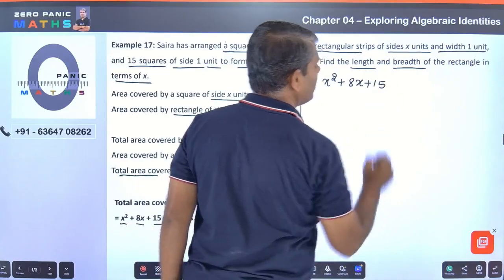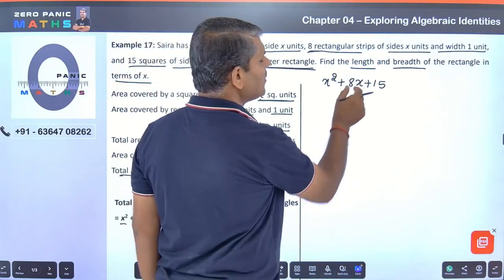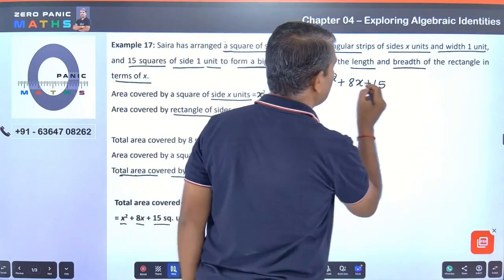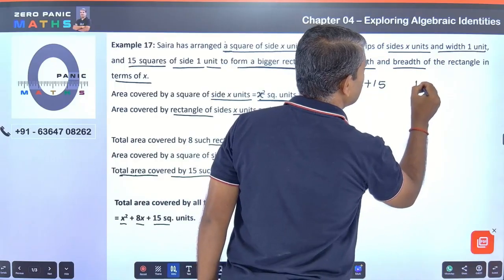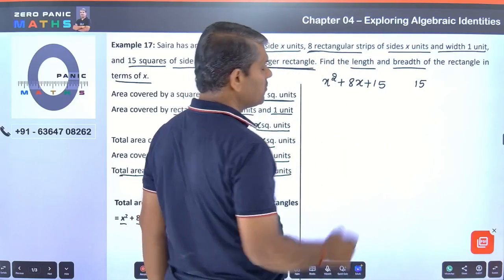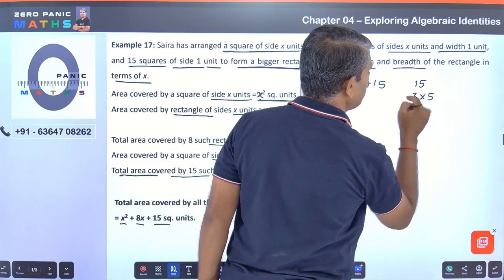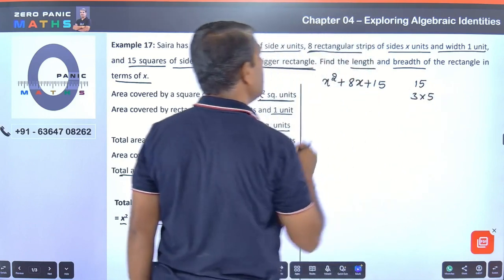As you know the rule of splitting the middle term, the factorization method, we split the middle term so that the product will be 15 and the sum of those factors will be 8. Those factors will be 3 and 5: 3 times 5 is 15, 3 plus 5 is 8.